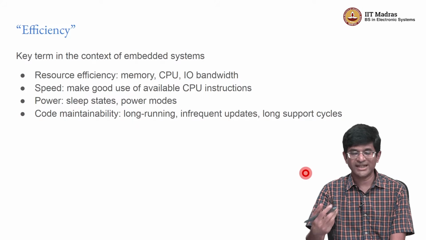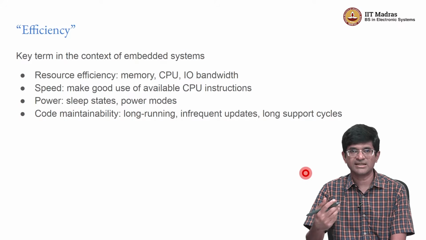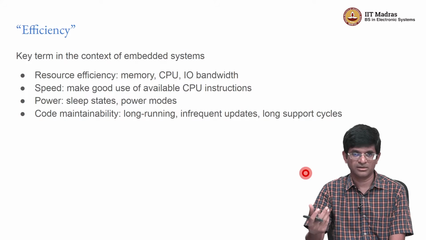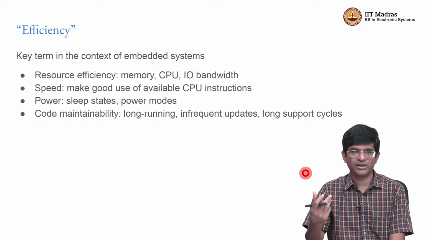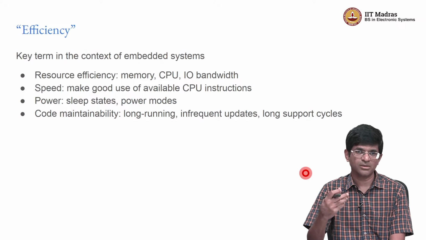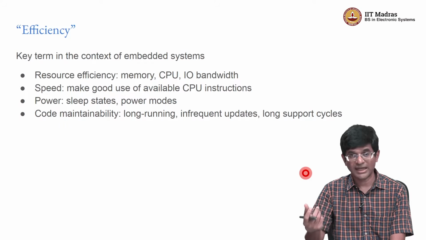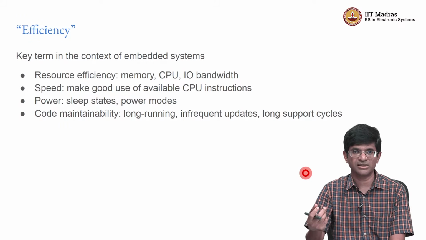Now, when you create an embedded system, you want to use these efficiently, and what that means is if a system has a certain amount of memory, then by all means go ahead and use all of it, but use it in the best way possible, meaning that you should not be restricted from writing a certain program because you used a poorly constructed data structure which occupied too much memory to start with, or you used the wrong kind of data type and ended up using up more memory than you should have, ending up with insufficient memory for some other actual data that you needed to store.